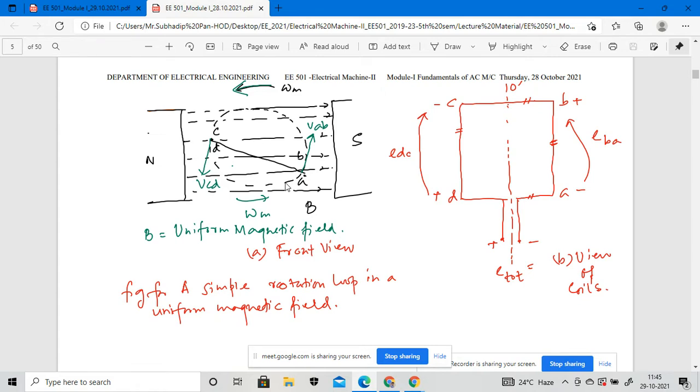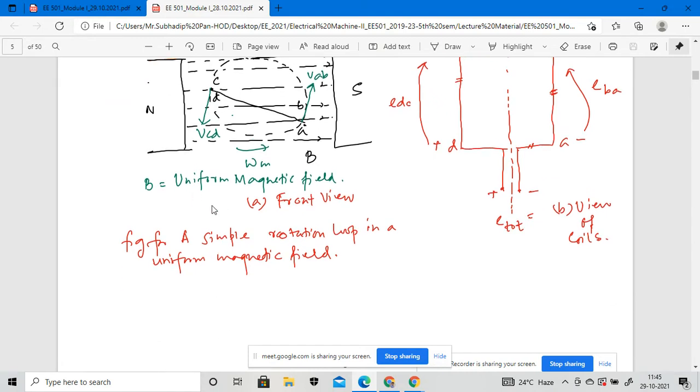The magnetic field generates and produces the induced voltage. We discussed this from the front view, and also how the view of the coils looks.